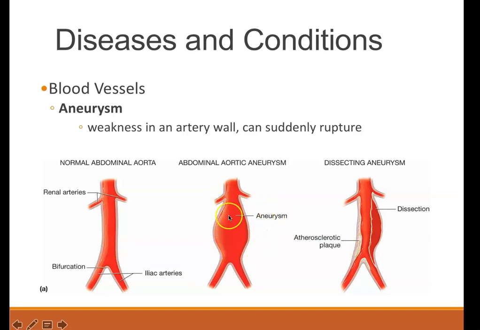But if it ruptures in the abdomen, in the abdominal aorta, you're dead. I mean, you bleed out internally very quickly. So that's the danger of aneurysms: if they're in important vessels, they're basically ticking time bombs that could rupture and cause problems.